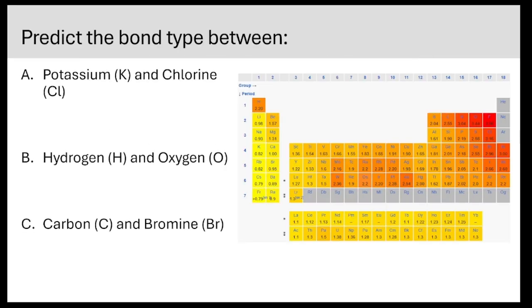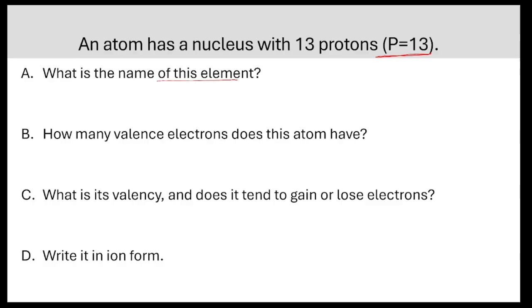In order to find the name of the element, we have to refer to the periodic table. The proton number is 13, and we know proton number is equal to atomic number.